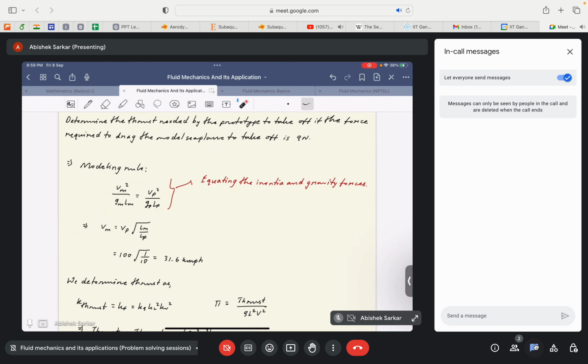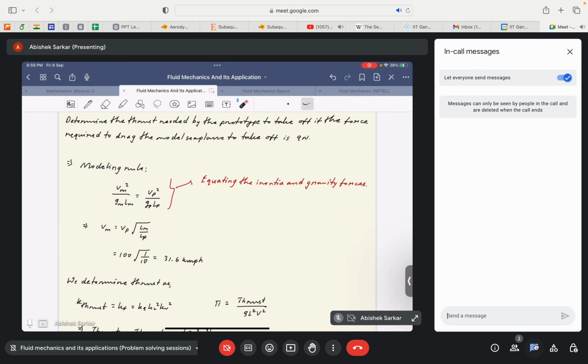Froude number. Okay. And now we know that g_m and g_p, the acceleration due to gravity, will remain constant, at least for this case, since the plane does not take off to a very high distance from the center of the earth.